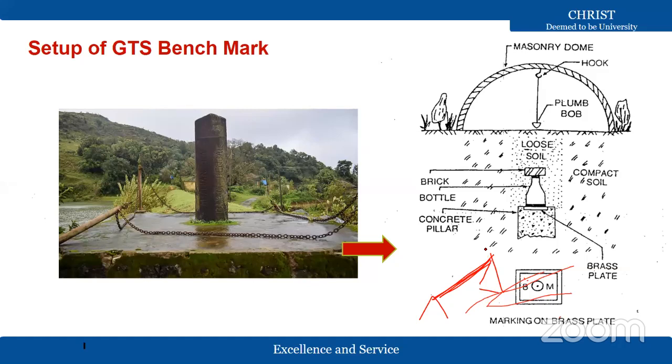That is your benchmark. So the GTS benchmarks will not be visible to you on the surface. They were driven below the ground, 6 feet below ground level, inside a 6 feet by 6 feet concrete block, for security and safety, to retain the points for a long period.